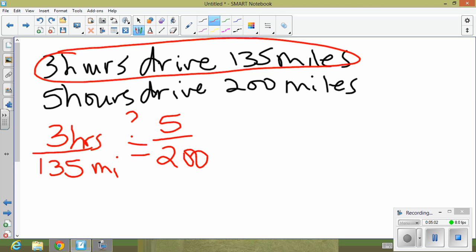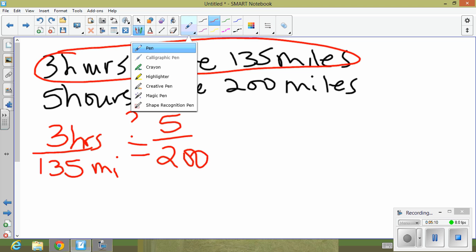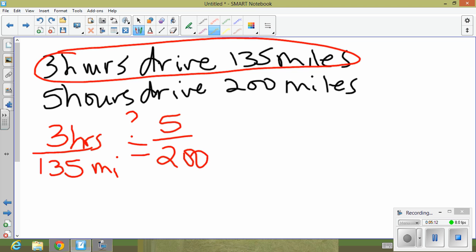I don't know if they are equal. So the easiest way to do this, there's two ways again. We can take the cross product. We can take 200 and multiply it to 3. So grab your calculators and do 200 times 3. I get a solution of 600.